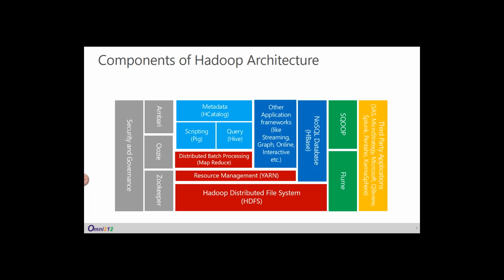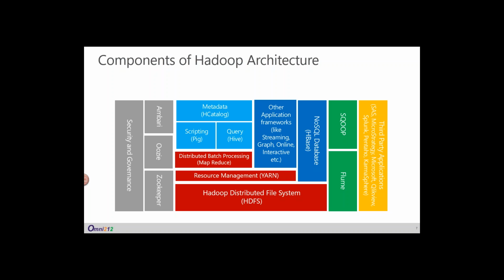This mostly includes third-party applications like SAS, MicroStrategy, Microsoft Excel, or Splunk, which enable reporting capabilities with Hadoop. Other frameworks shown in dark blue color include NoSQL databases and additional application frameworks like streaming, graph, and online, which are still in experimental phases.